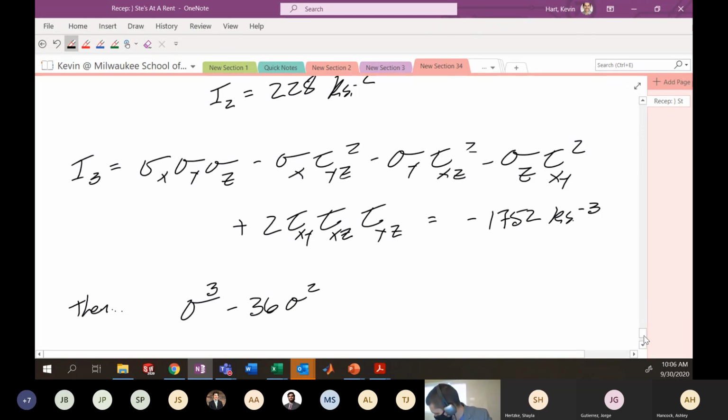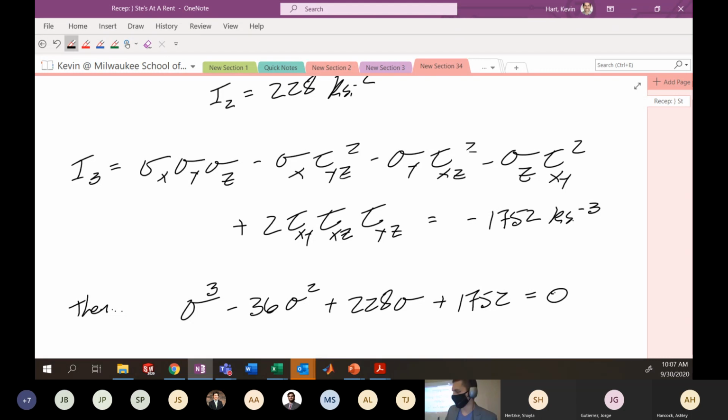Okay, that comes from I1. We have here plus I2, so this is going to be plus 228 sigma, minus I3, but I3 is already a negative, so we have a plus 1752 equals 0. This is the cubic equation in sigma that will help you solve for the 3 principal stresses.